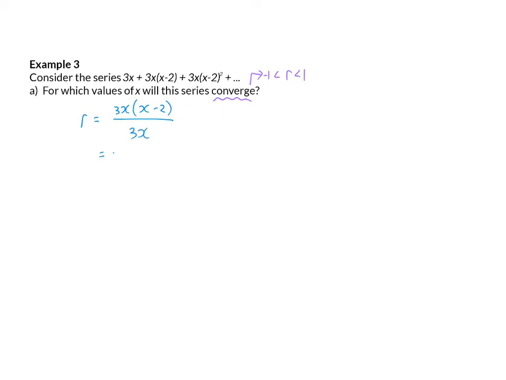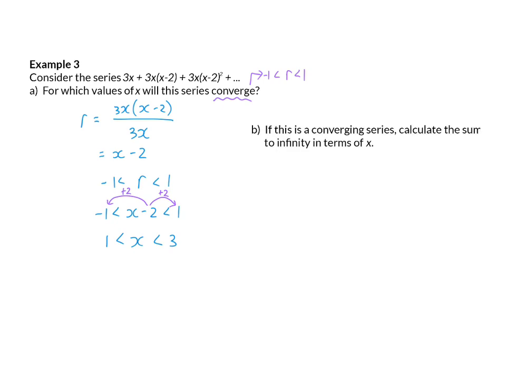And this can be simplified to x minus 2. So now we know the constant ratio, and we know this constant ratio has to be between -1 and 1, which means that x minus 2 has to be between -1 and 1. Now, to solve x, we are going to add 2 on both sides, which will give us 1 and 3. And this means that any x value between 1 and 3 will make this a converging series.